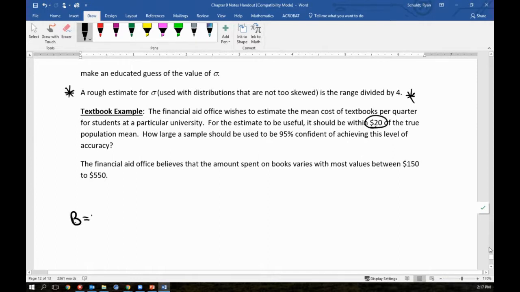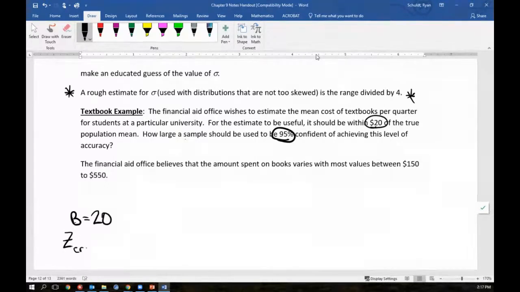B. How large a sample should be used with 95% confidence to achieve this level of accuracy? So if we're 95% confident, what's our z critical value? 1.96. What is B again? That's our bound on the error. So our error, we do not want it to be bigger than 20.